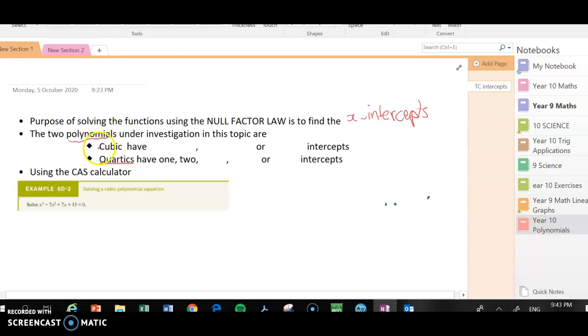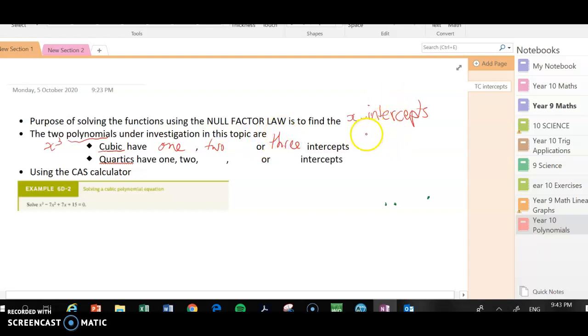The first, of course, are the cubics, the x cubed, or degree 3. Cubics, when solved, will have either 1, 2, or 3 intercepts.